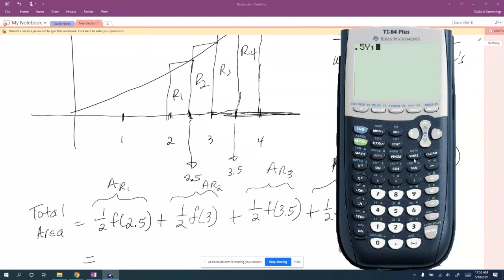Just remember, when you're using this variable key and when you're evaluating functions, you must use a set of parentheses. All right, so notice I'm using y sub 1 and I'm evaluating that at 2.5, but I'm encapsulating 2.5 in a set of parentheses. Plus 1/2, or 0.5, times our function evaluated at 3.